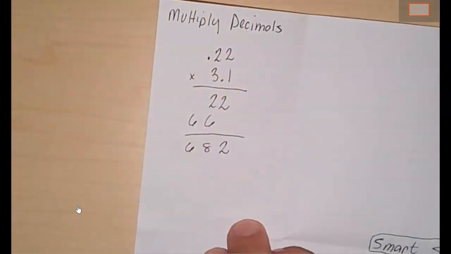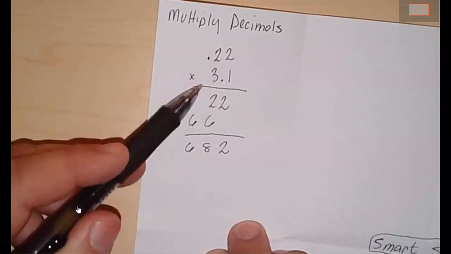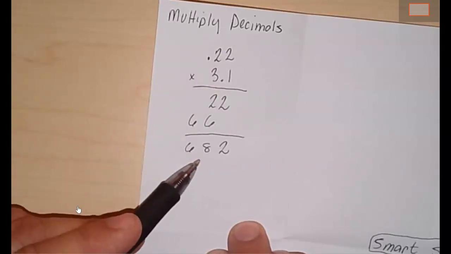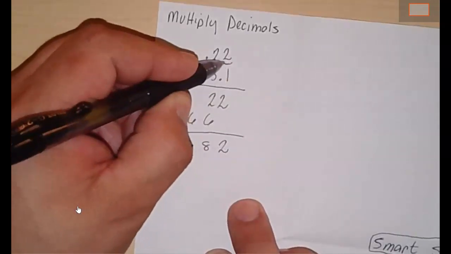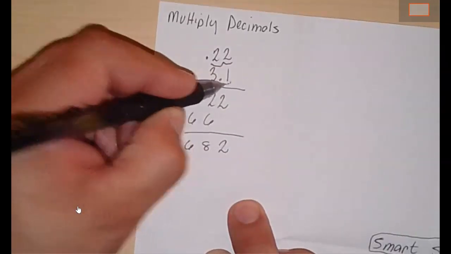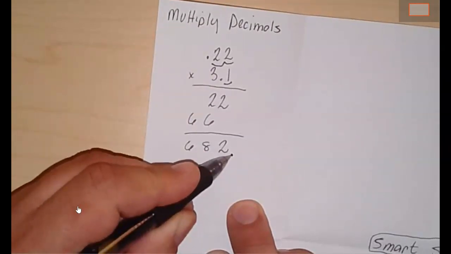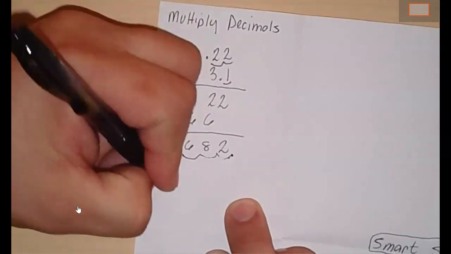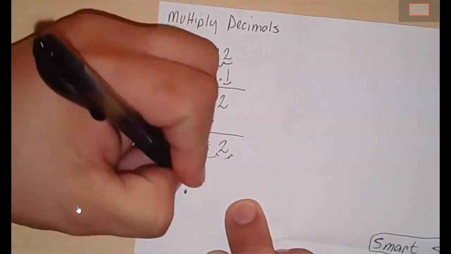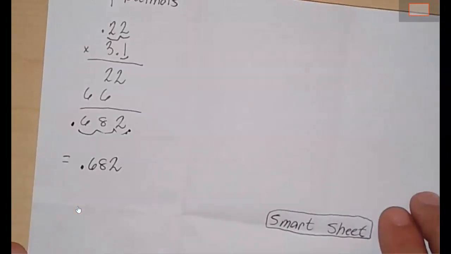And once you've taken care of that, we go back and we count the bunny hops, right? 1, 2, and 3. So we take this decimal and hop 3 times. 1, 2, 3. Which equals 0.682. Okay. Alright, let's jump to the next one.